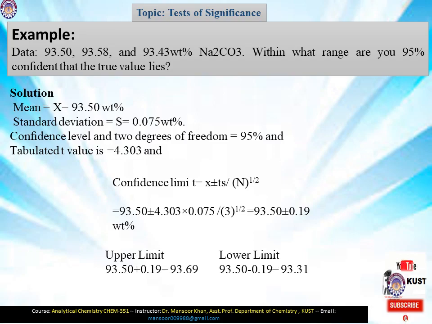With increasing this interval, the confidence level will be increased, but the standard deviation will also be increased, which we do not want in most analytical chemistry. So this example clearly shows that the true value is present between these 2 limits. This is the importance of the confidence interval and confidence limit: it tells us the range in which the true value is present.